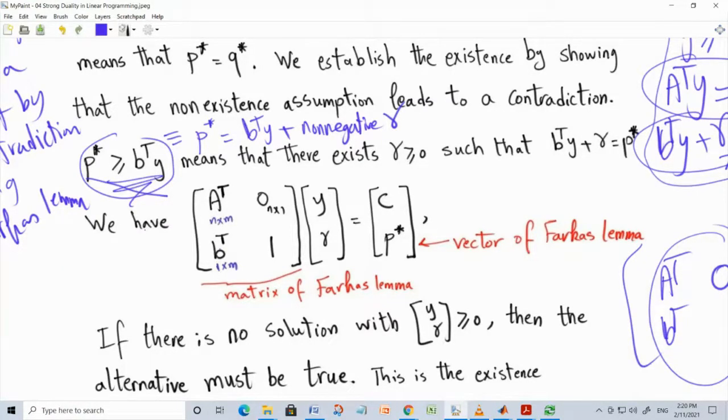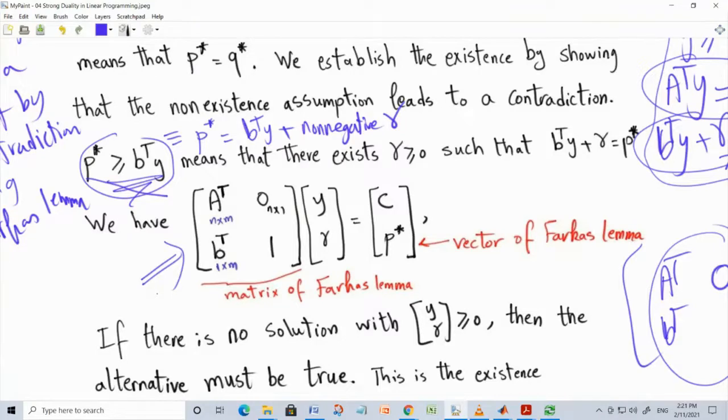So here is the beauty of the Farkas Lemma. The Farkas Lemma will tell you, if you challenge this alternative, then there is another statement that must be true. That's the essence of the Farkas Lemma. There are two statements related to a matrix and a vector.